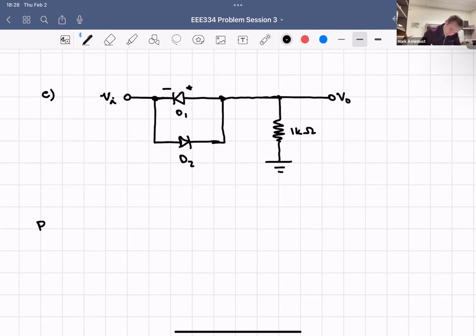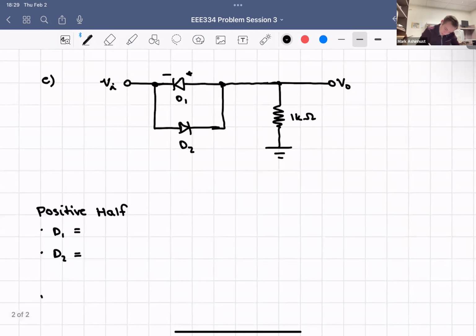So we're going to do the same thing. We're going to do positive half. Think here, keep thinking, trying to figure out what's happening. So I'll write D1, D2, and then we have negative.